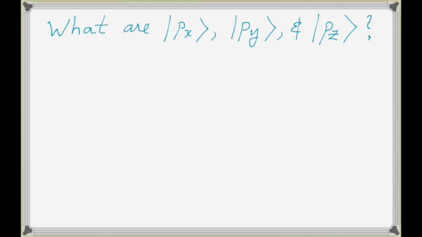But I've been talking about orbitals, p orbitals, px, py, and pz. This is the basis that we're actually going to use. So pz, well, that's actually the easiest one.